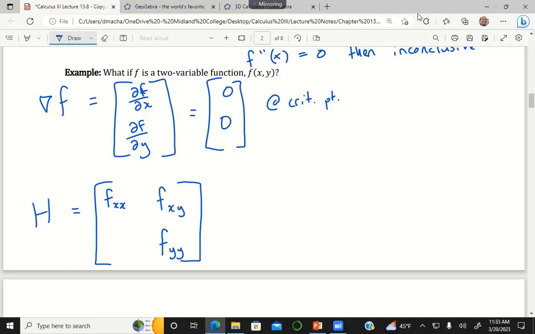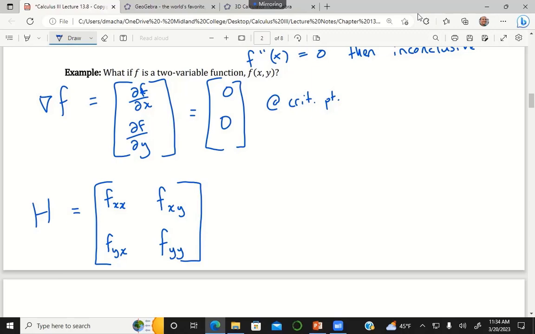And then the off-diagonal entries of this Hessian matrix are going to be the mixed partial derivatives. I think in this class we're always going to talk about smooth functions, which means that these partial derivatives are continuous functions, which means that these mixed partials are actually the same thing, and it doesn't matter which order you take the partial derivatives in.